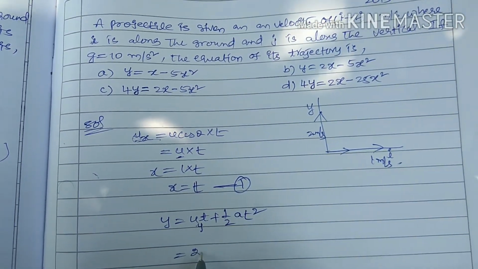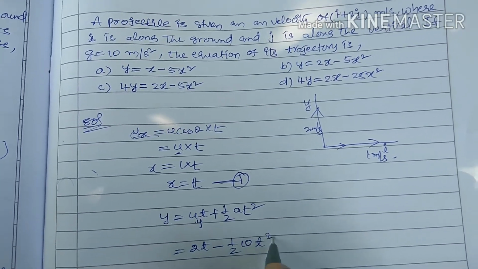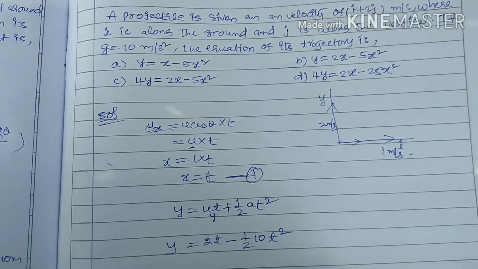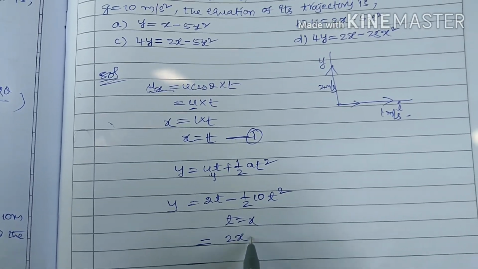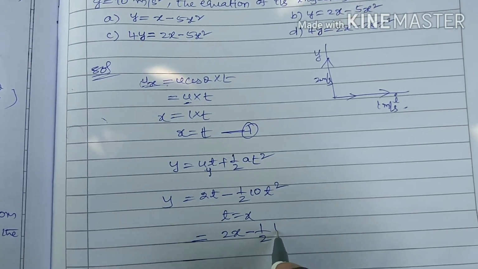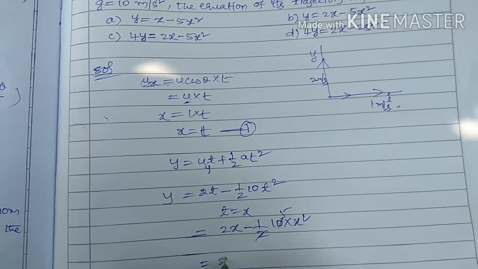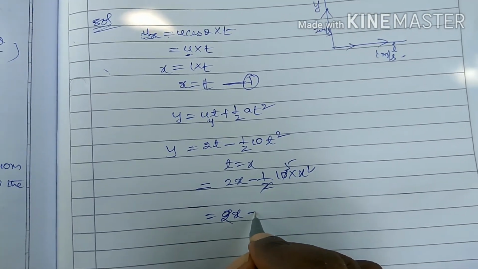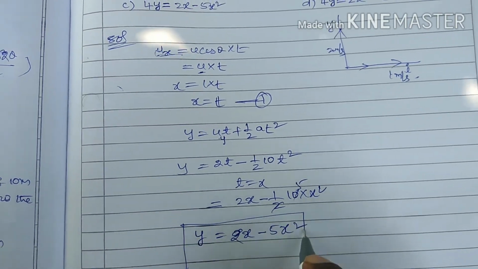Then 2t minus 1 by 2 g, nothing but 10 t square. If t is equal to x, then we can write 2x minus 1 by 2 into 10 into x square, it is 5. So y is equal to 2x minus 5x square.